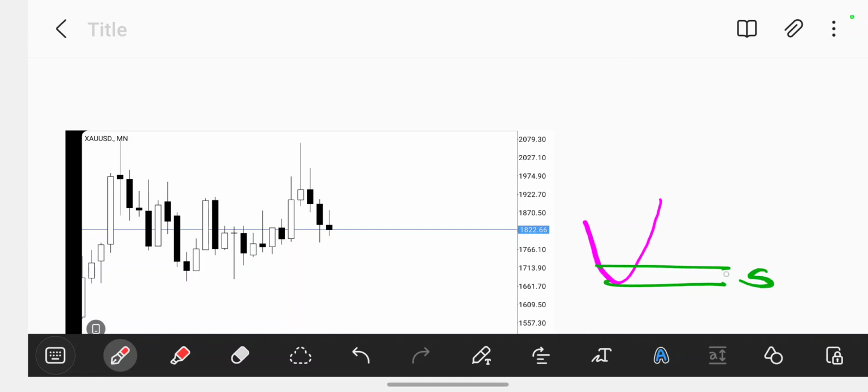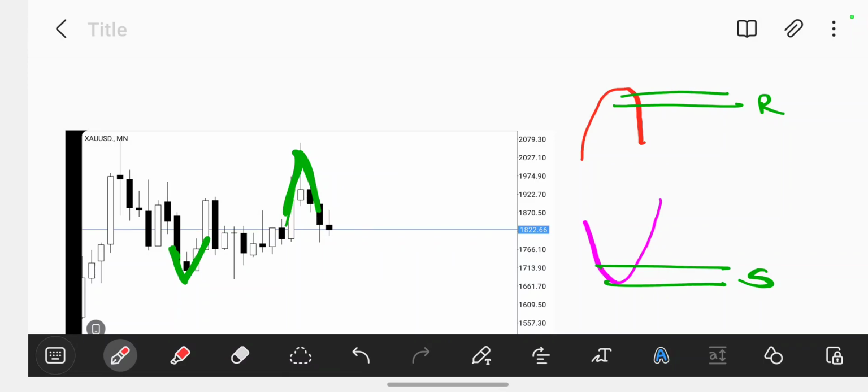And when the price goes up and then turns like this, this is your standard resistance at the peak. Like what we had here, this was the standard resistance, this is the standard support. You see that? But that's not always the case.